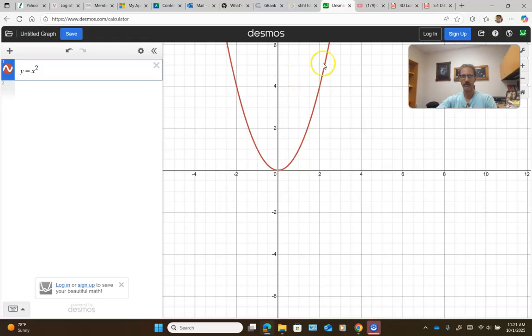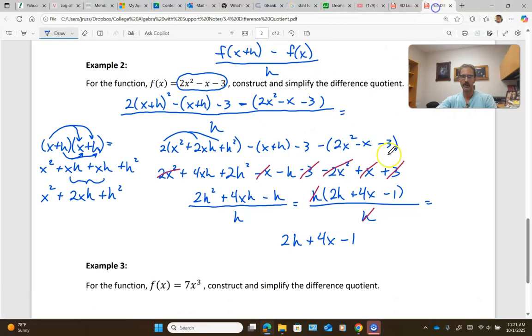Okay, so wherever that second point is, how much larger it is, okay, that's your h. Plug those values for x and h in here, and that will give you the slope of the line that goes through those 2 points. So this ends up becoming a function not just of x, but also of h.